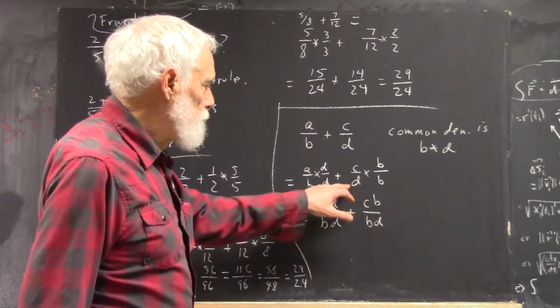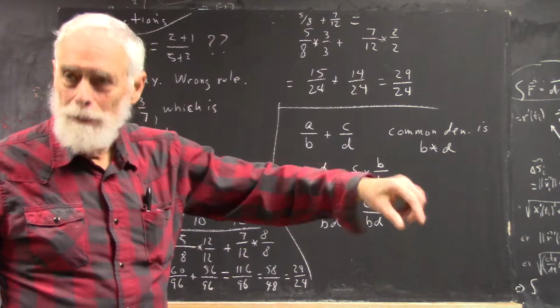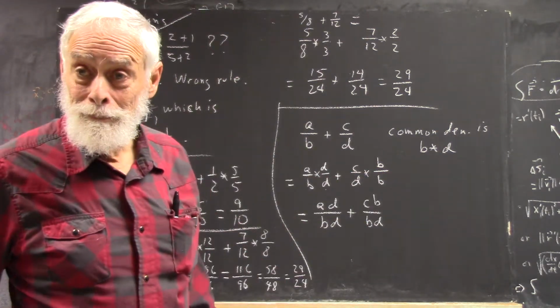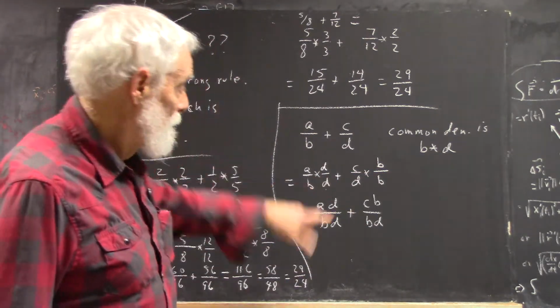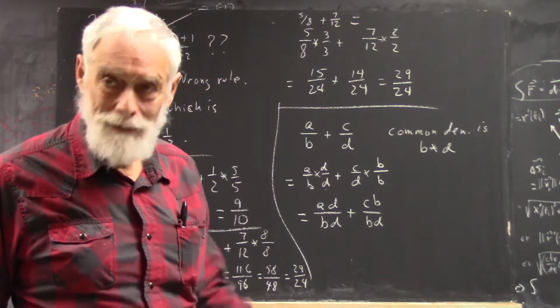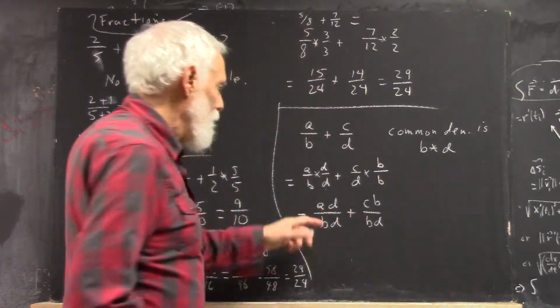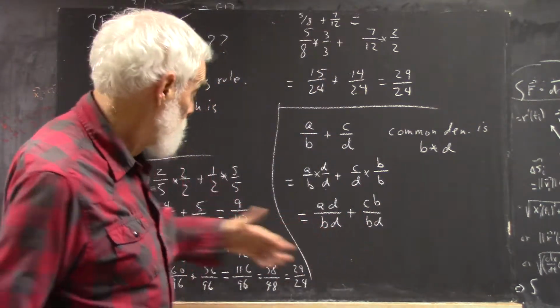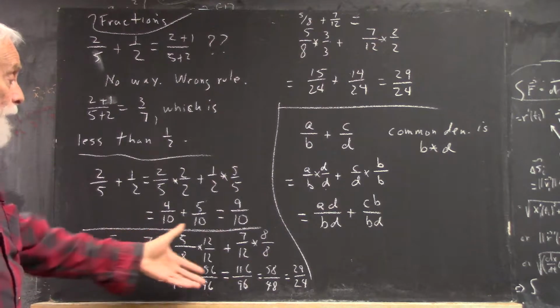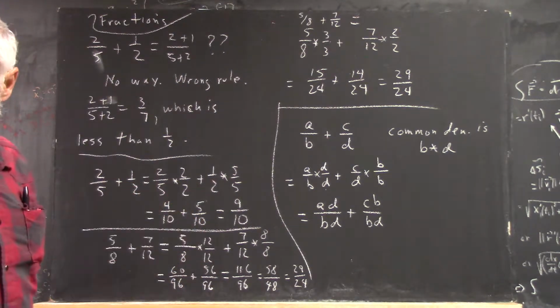I could write this as DB because that's the order, but the order of multiplication doesn't matter. So write it in alphabetical order, which is kind of the standard. Not absolutely necessary. Well, now I have the same denominator, and for the same reason, I can then add the numerators over here because I'm adding tenths to tenths, right?